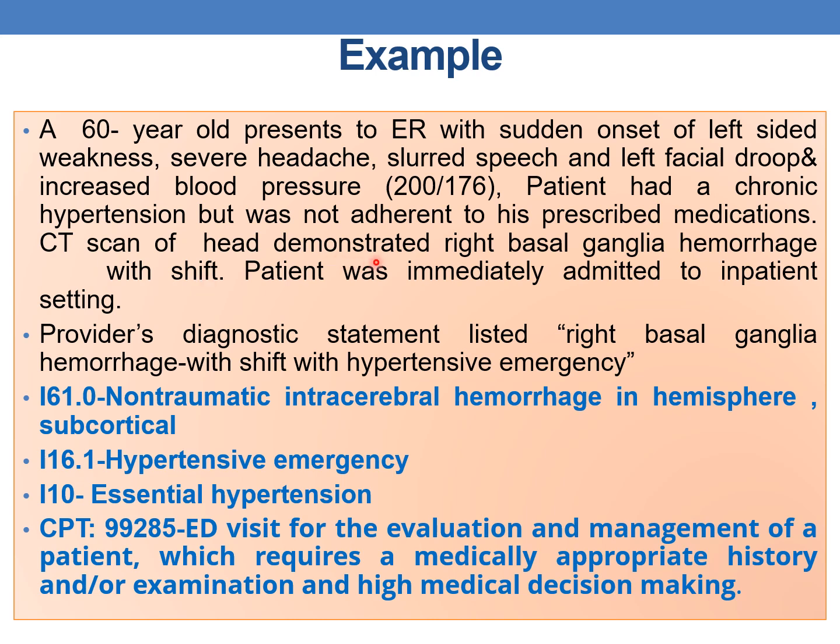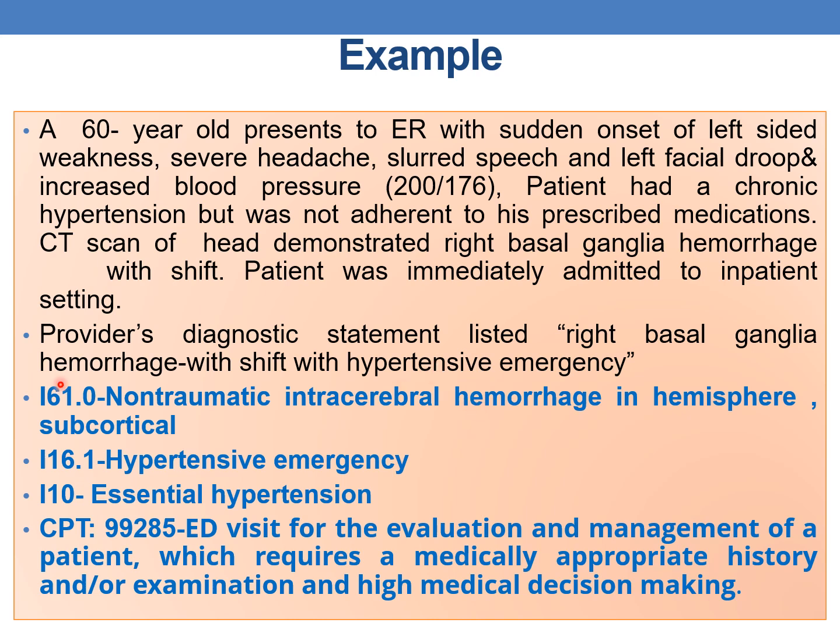CT scan of head demonstrated right basal ganglia hemorrhage with shift. Patient was immediately admitted to inpatient setting. And the provider diagnostic statement is listed: right basal ganglia hemorrhage with shift with hypertensive emergency.